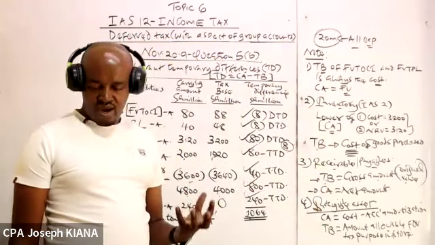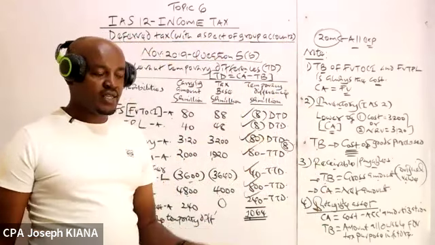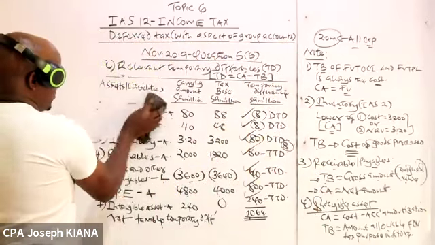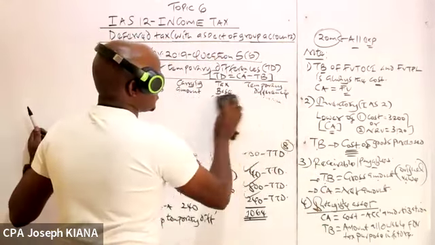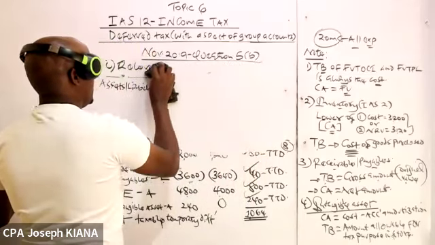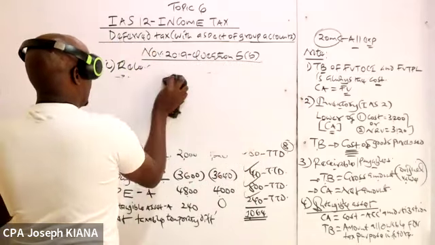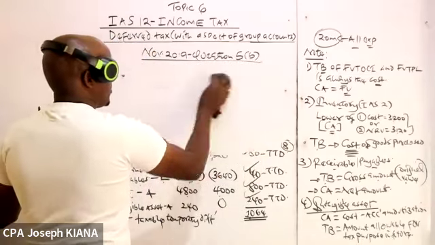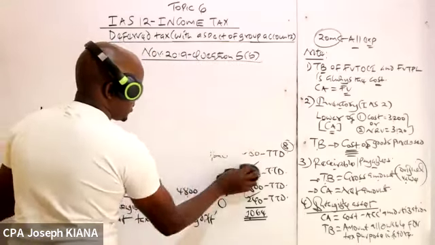You'll be able to see how they'll help you even when answering other questions. So let's move to Roman 2 now, where we are required to make the relevant journal entries to record the changes in deferred tax.